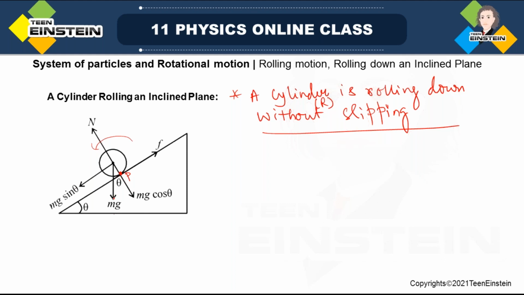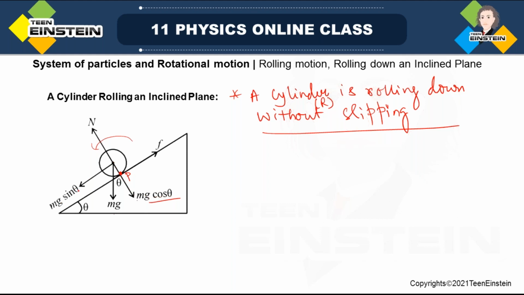So we can just break the components of this weight. Weight mg, I can break into a component along the perpendicular direction, perpendicular to this plane, and this is acting this way. As you can see, this is the cos theta component, mg cos theta, which is acting perpendicular to the inclined plane.